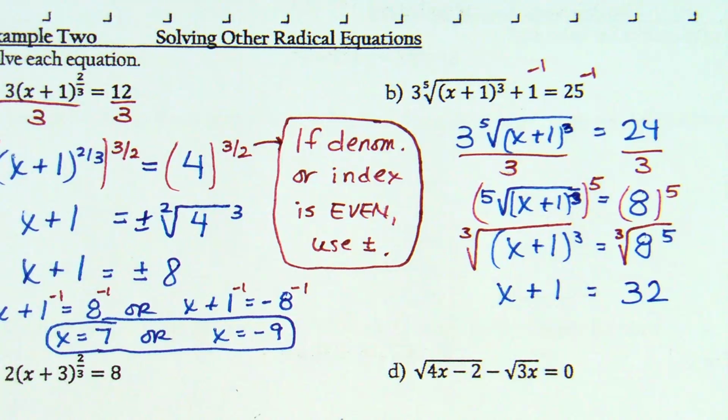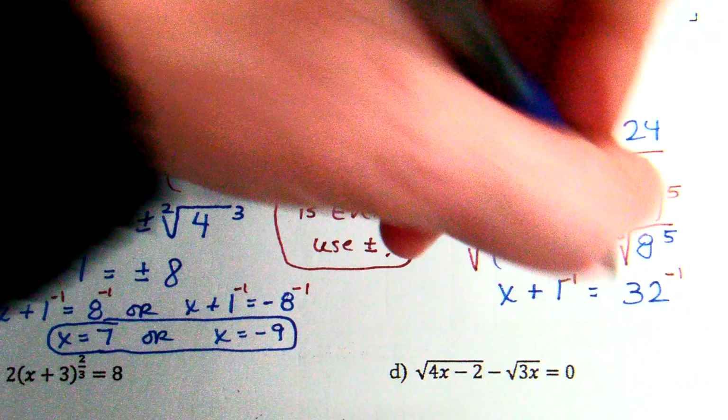So, do I need a plus or minus? Okay. We did the cube root. It's an odd root. It's okay to have a negative. So, finish it off. It's x plus 1. Subtract 1. X is 31.